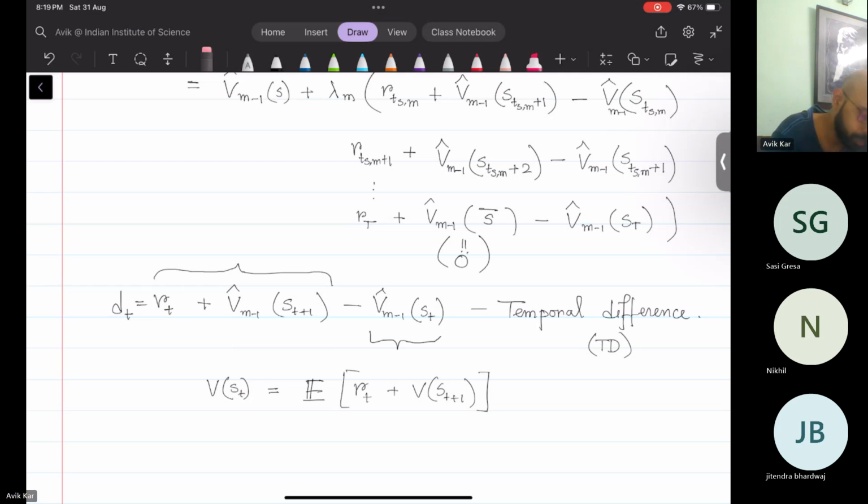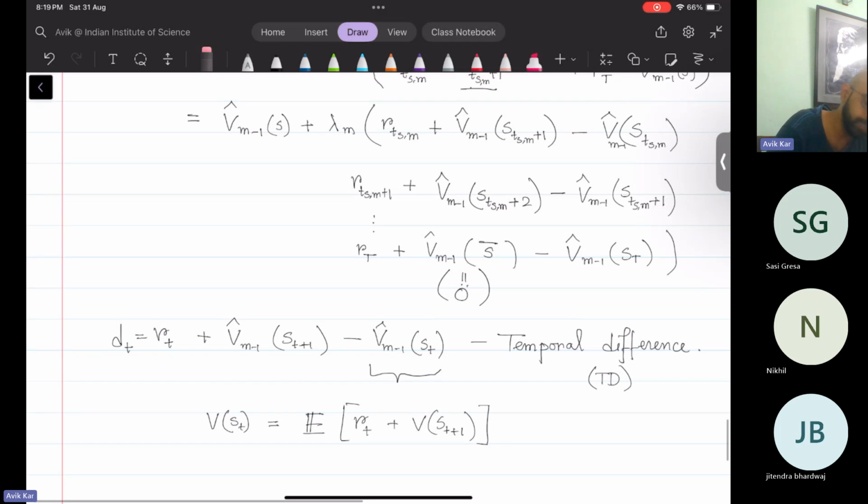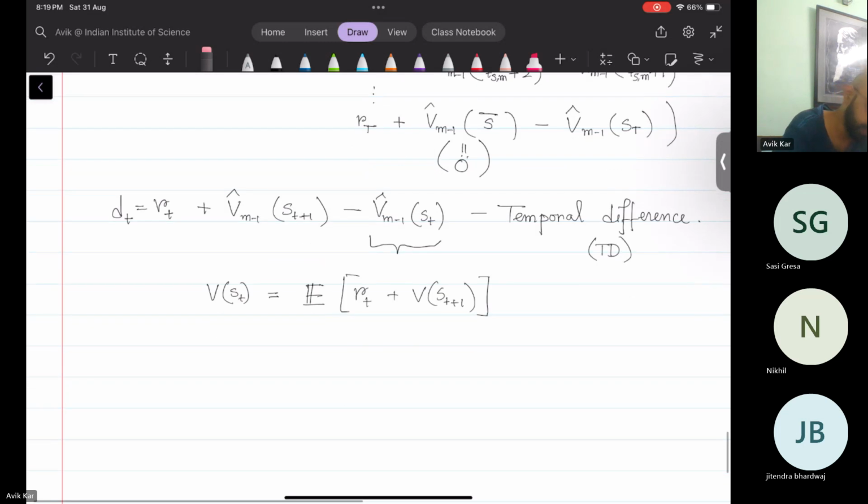So by gathering one sample, whatever difference you have in value function, that is basically your new estimate minus your previous estimate. That is the improvement towards a better estimate. So that's why you add this temporal difference term to your previous estimate. That's the idea of temporal difference learning.